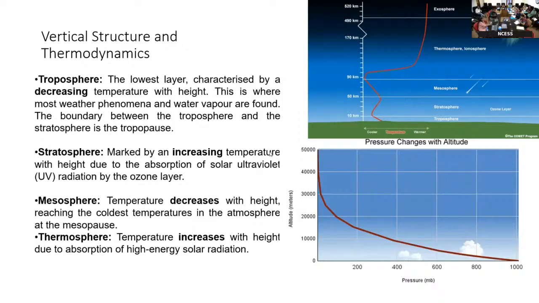The height of the troposphere is greater over the equator, and it decreases towards the poles. Do you know why? Yes, temperature and solar radiation.